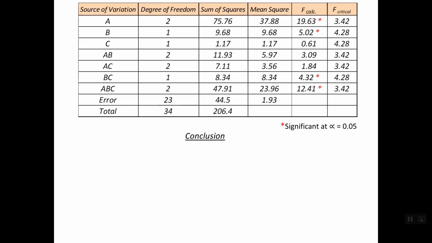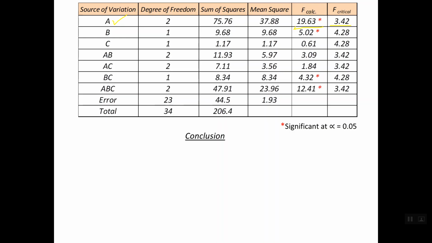For example, for factor A, the value of the calculated F is 19.63, and it is greater than the value of the critical one, which is 3.42.